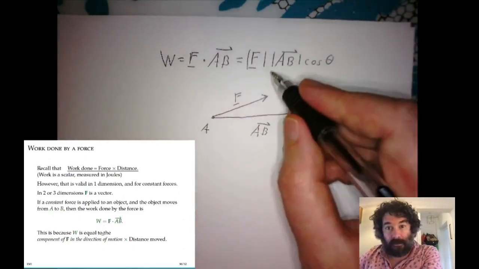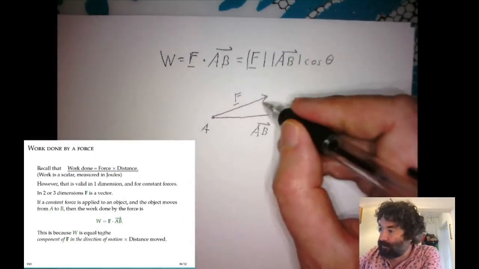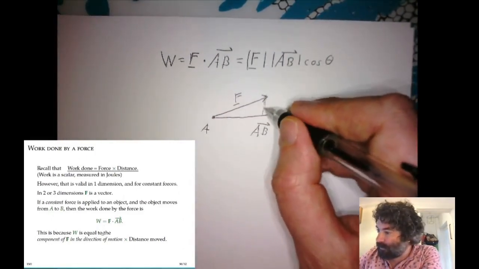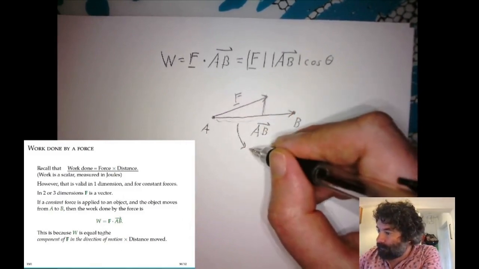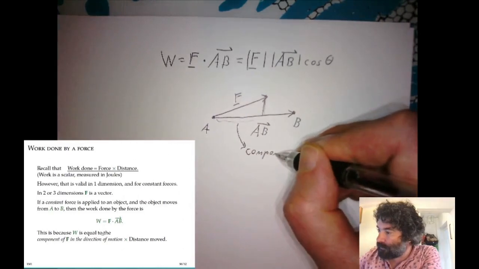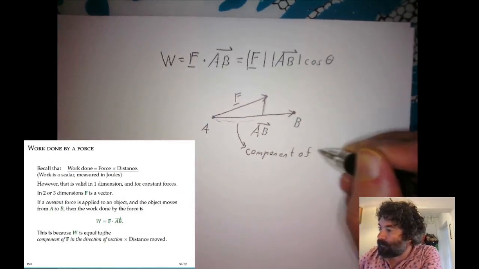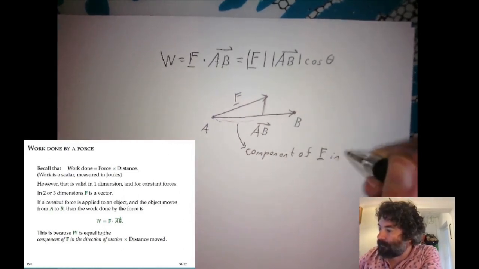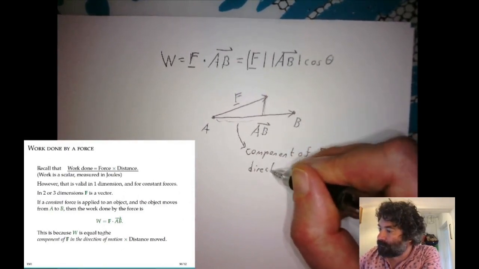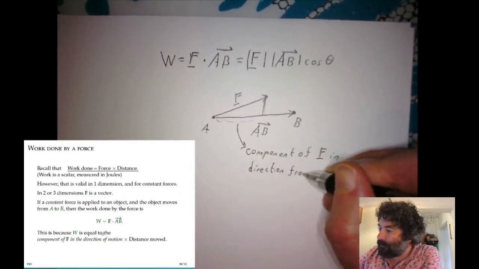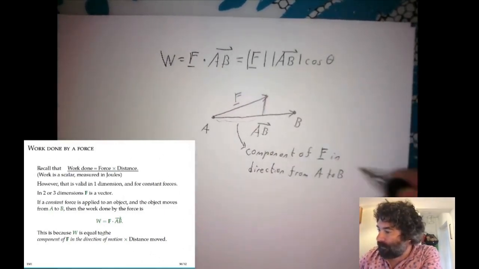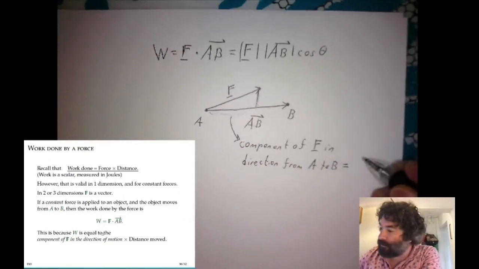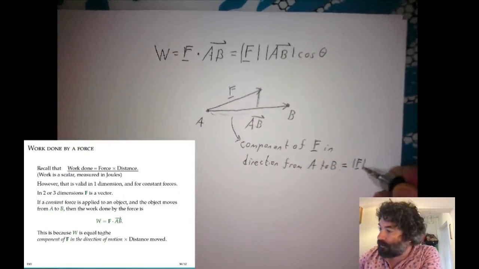Then this quantity, the dot product of F with A to B, is the component of F in the direction from A to B, which is the length here, which in mathematical terms is the modulus of F times the cosine of theta.